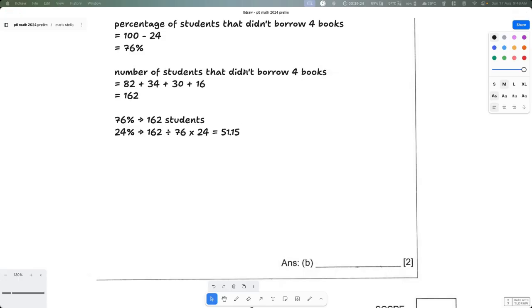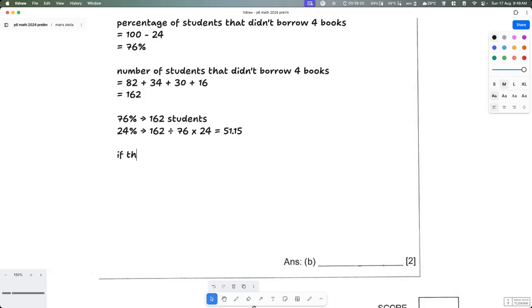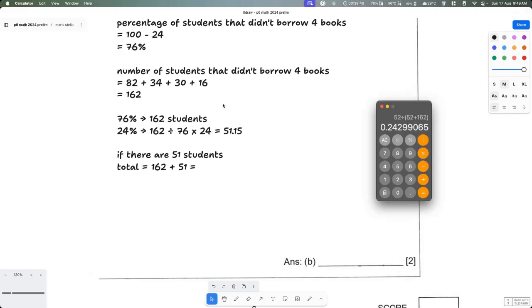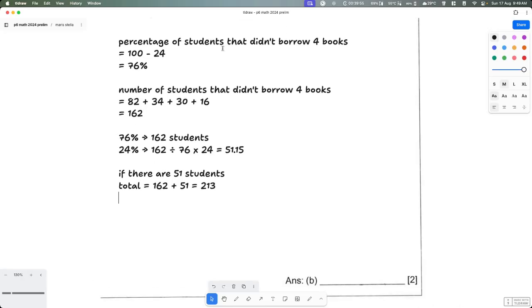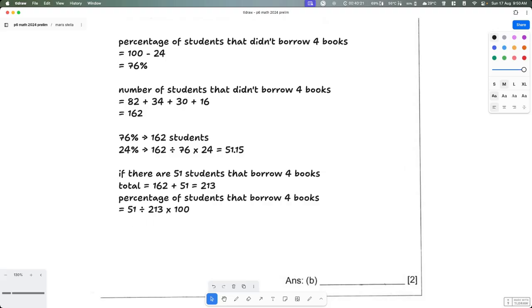Okay, so we want to check what's the smallest possible number. If there are 51 students, then the total will be 162 plus 51, which is 213. The percentage of students who borrow 4 books will be 51 divided by 213 times 100%.